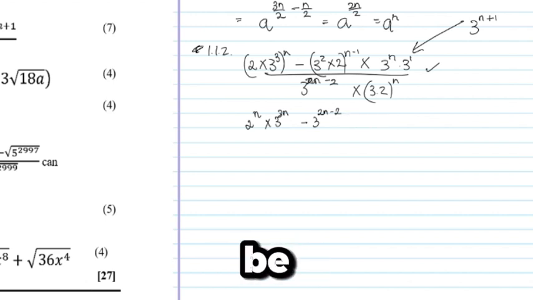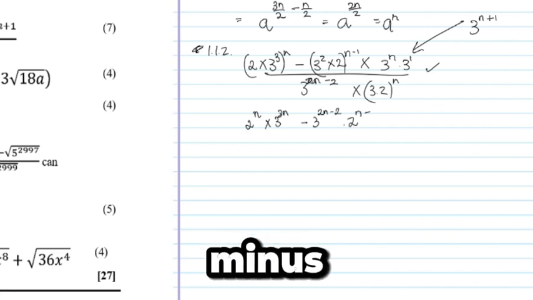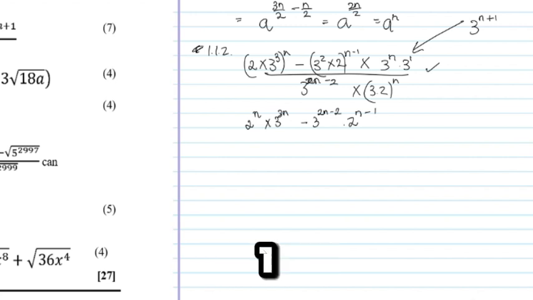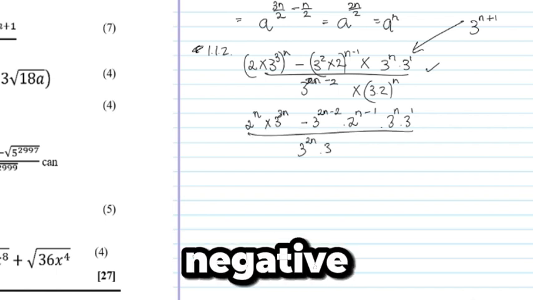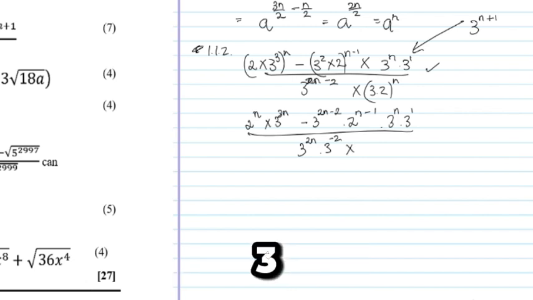So that's going to be times 2 to the power of n minus 1. But let's split that up. Okay, let's leave it like that. n minus 1 and then 3 to the power of n and 3 to the power of 1, all over 3 to the power of 2n. Let's split this up: 3 to the power of negative 2 multiplied with 3 to the power of n and 2 to the power of n.